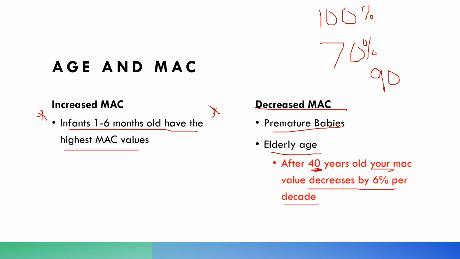So a 30% decrease. So we go from 100% MAC of Sevo to 70%. So what's 2.0? What's 70% of that? Just take time to think about it. 1.4.